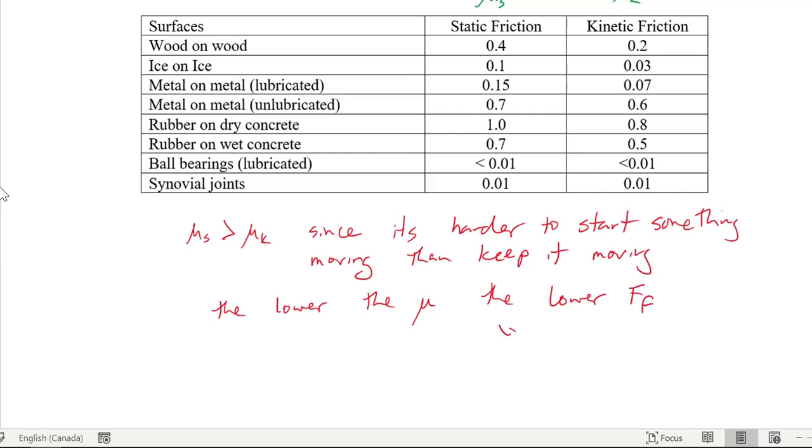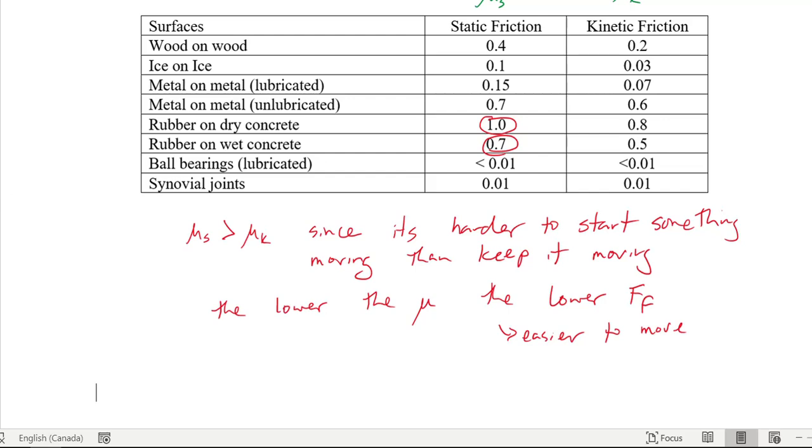In other words, easier to move. Rubber on dry concrete is really hard to move. Try and push a car. Rubber on wet concrete will be easier, which is why it's easier to skid when you're in rain than on a dry day. This is the exact reason why.